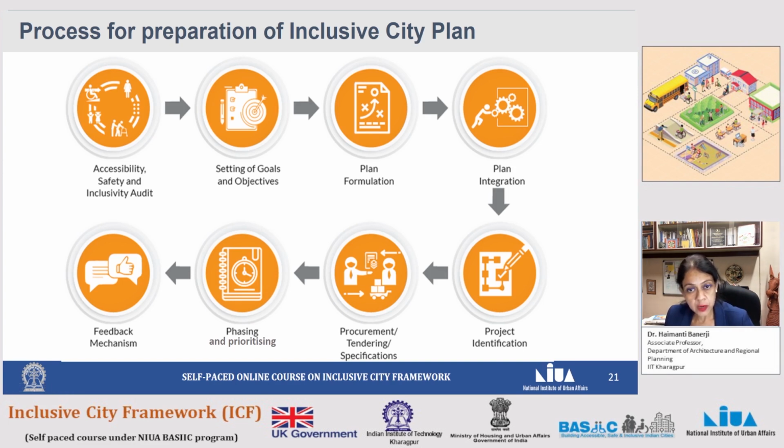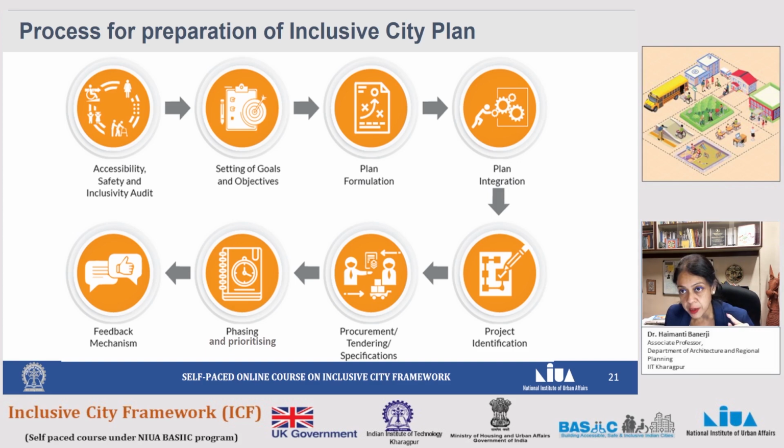Like a city will have a land use plan, it will have a mobility improvement plan, because there might be some already proposed developmental schemes which can be slightly modified to integrate provisions for inclusion at an early stage. You not always need to start from scratch. So please review the existing plans and see how you can make them better and more inclusive.